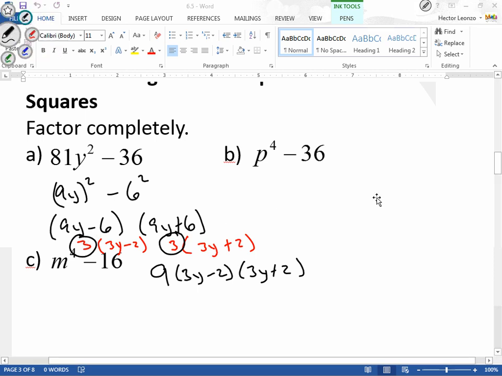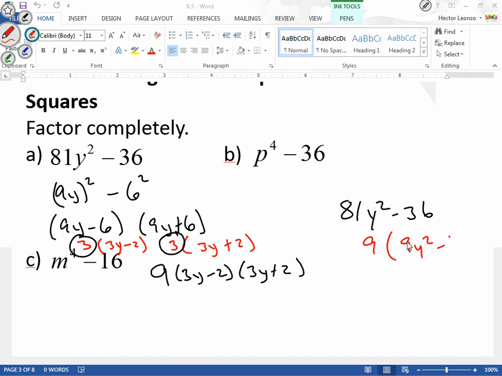Another way we could have done this, let me come back over here. We have 81y squared minus 36. I could have taken the 9 out of it to begin with, and I would have gotten 9y squared minus 4. If you notice, 9y squared is 3y all squared minus 2 squared.